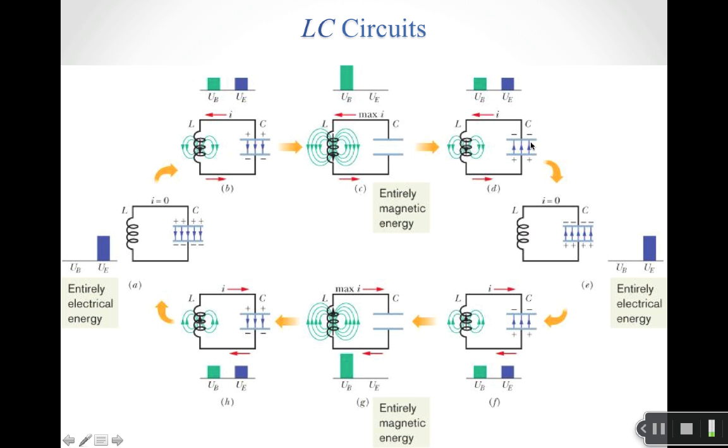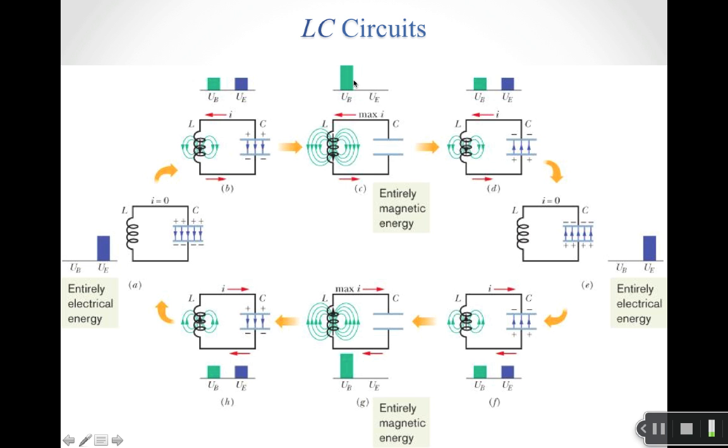Then that current continues to flow and starts building charges back up on the capacitor, so we get some electric potential energy back. That also diminishes the current, so we have less magnetic potential energy, but both of these things still have to add up to what the total electric potential energy was when the capacitor was fully charged.